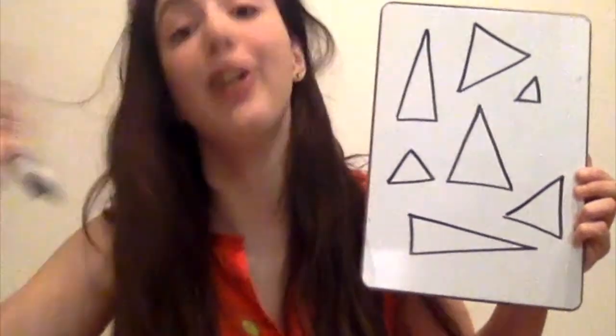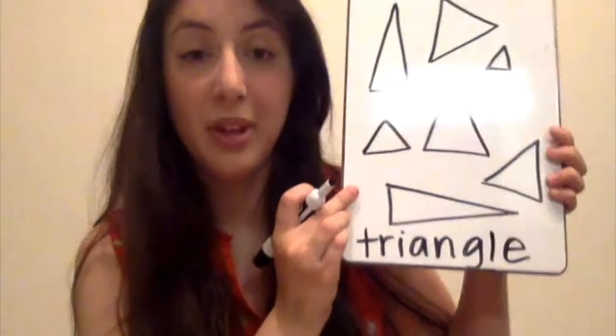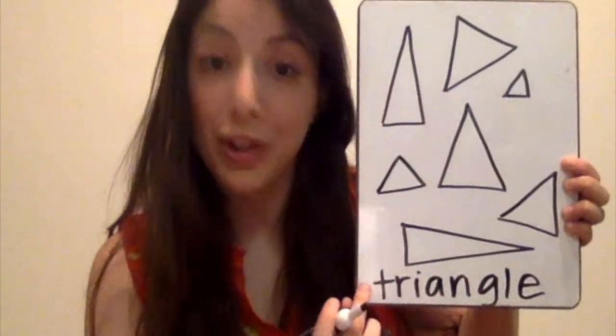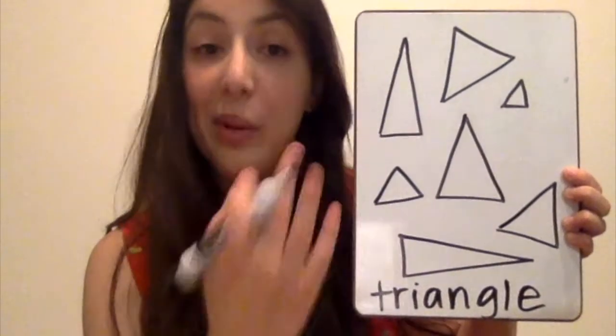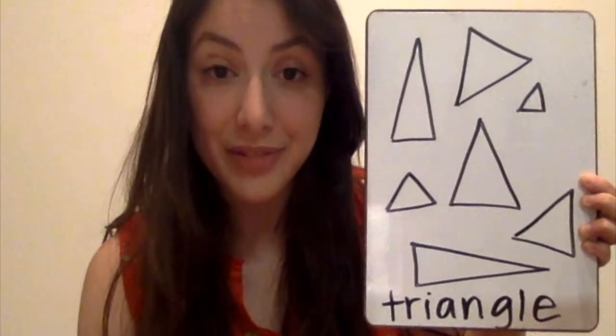What are these shapes? These shapes are triangles. I'm going to go ahead and write triangle at the bottom. I want you to write the word triangle, and I want you to draw some triangles.